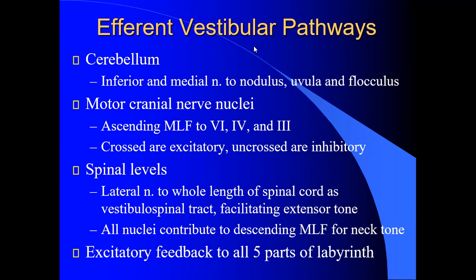All right. And the efferent visual, we were still talking about the vestibular pathways, provide excitatory feedback back to the labyrinth. So if it's interested in something, it wants more. Give me more. And probably there are ways of giving me less, because one vestibular nucleus will inhibit the other vestibular nucleus.